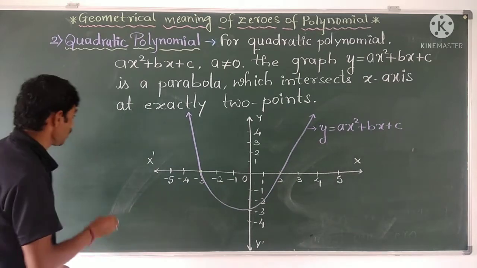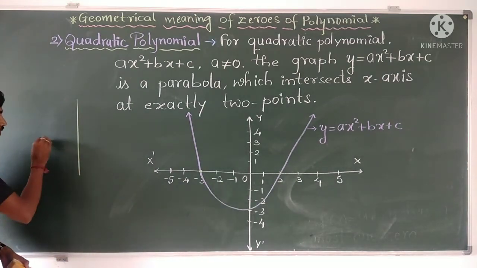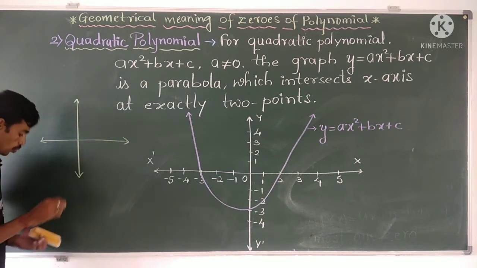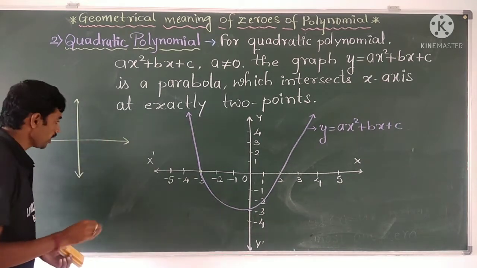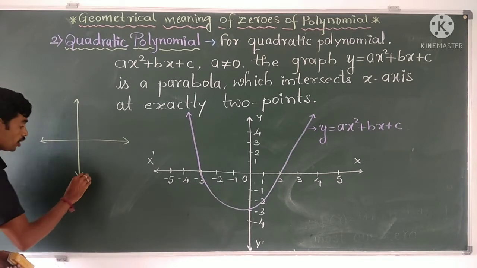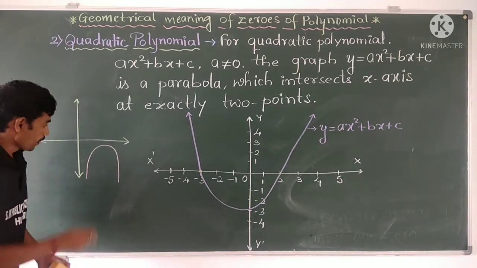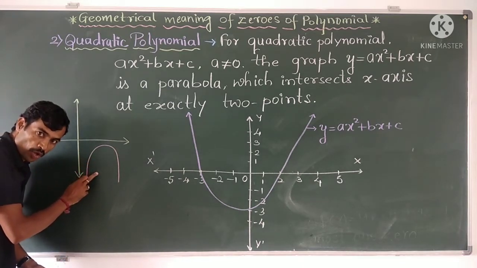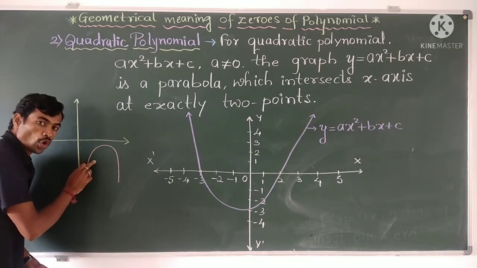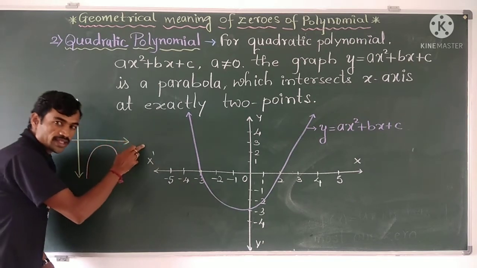I have taken one more example here, the graph we obtain for a quadratic polynomial that does not intersect the x-axis. This is also a parabola. The graph does not intersect the x-axis.